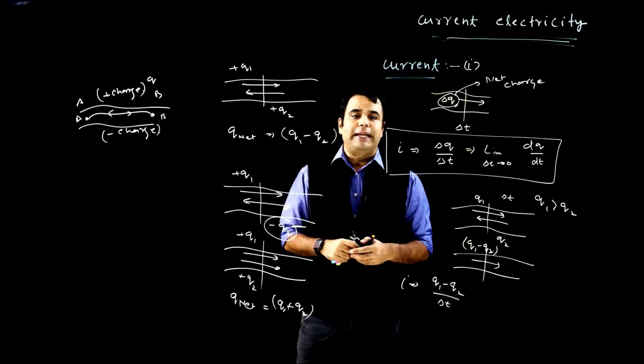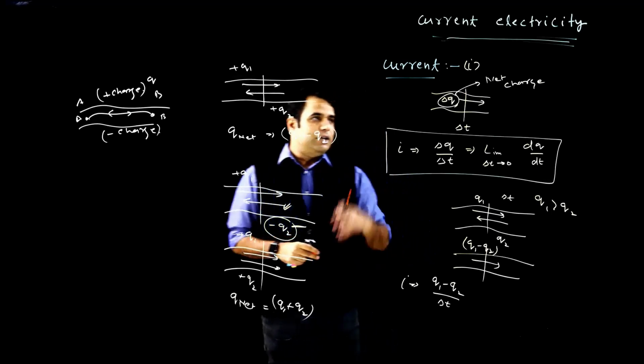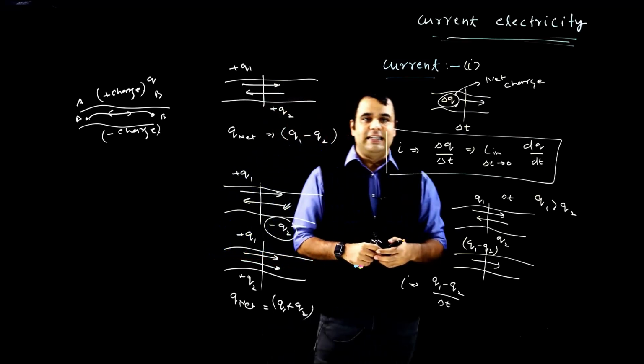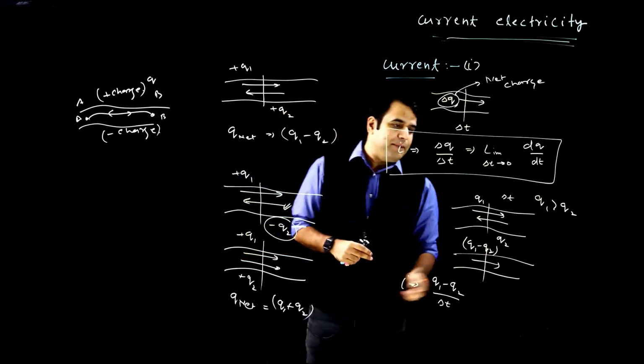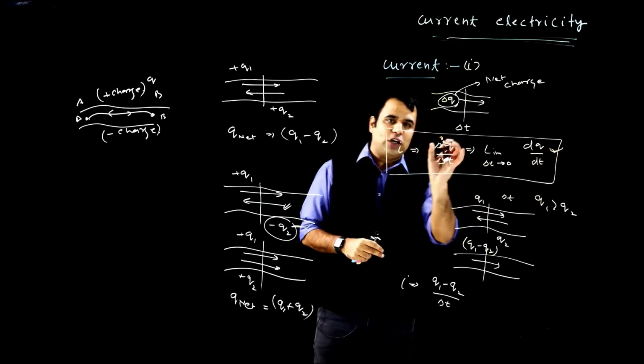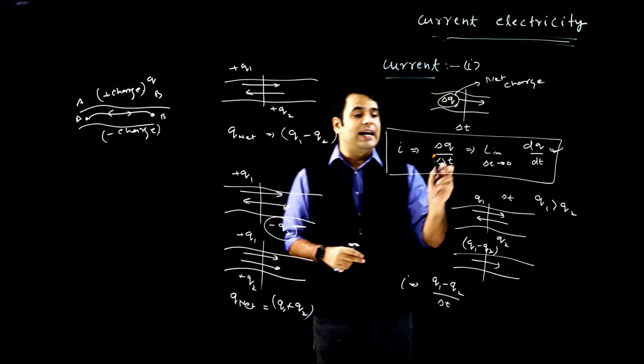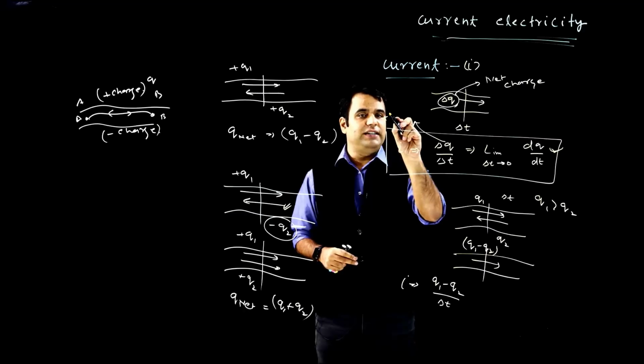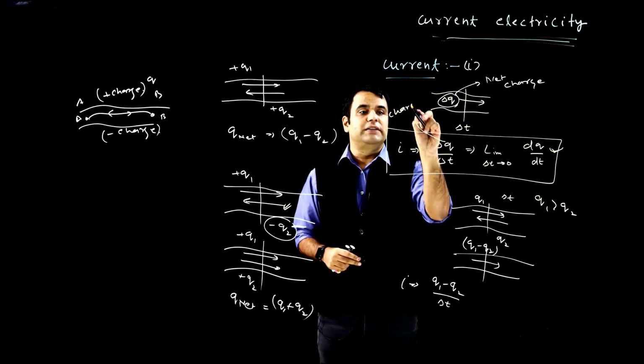Okay, so this is how we define the current. Current is defined as the time rate of flow of charge, and the charge we have to take as positive charge. By convention we talk about the positive charge.